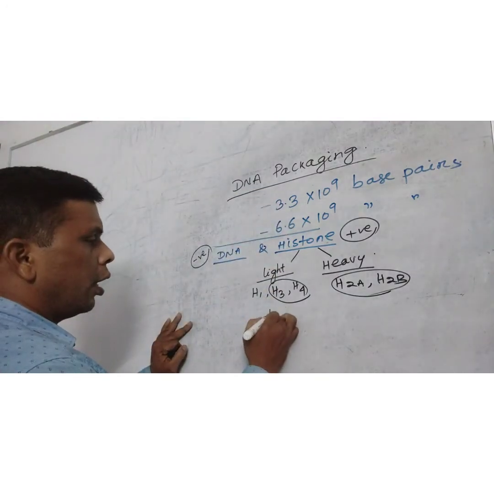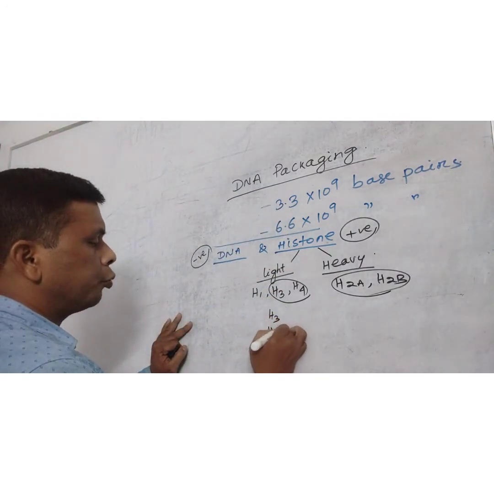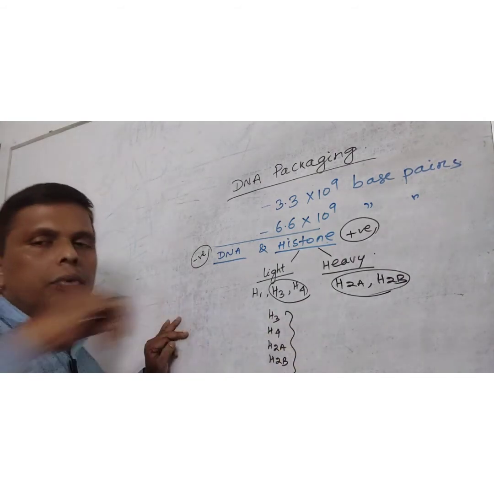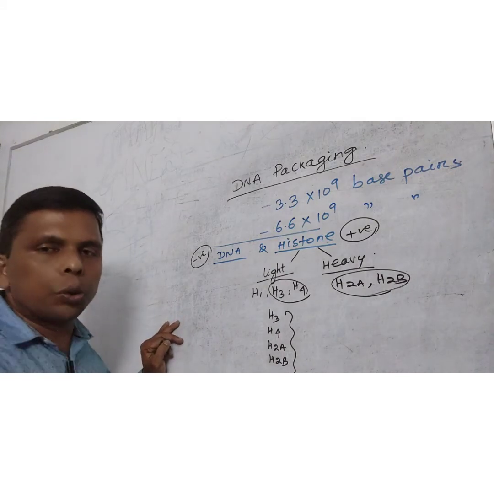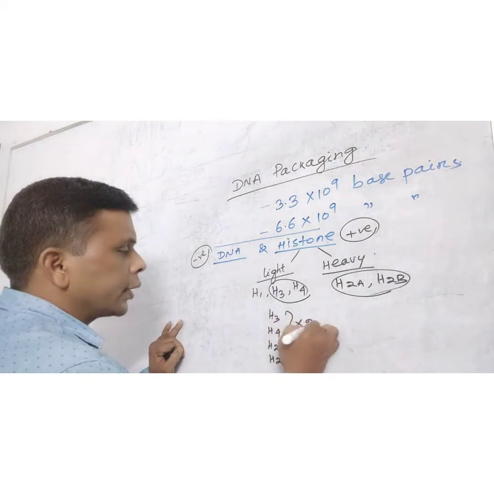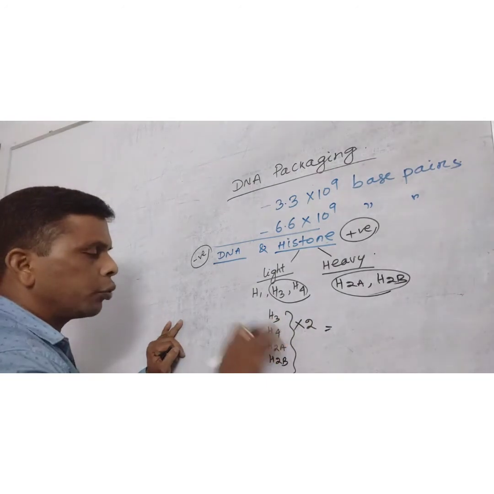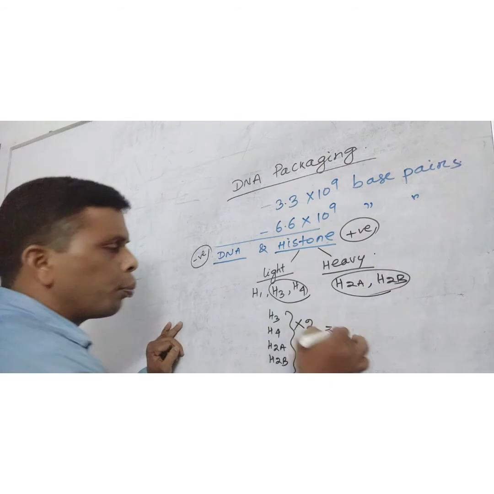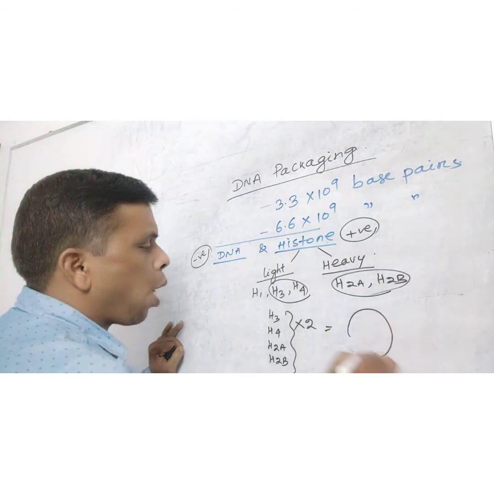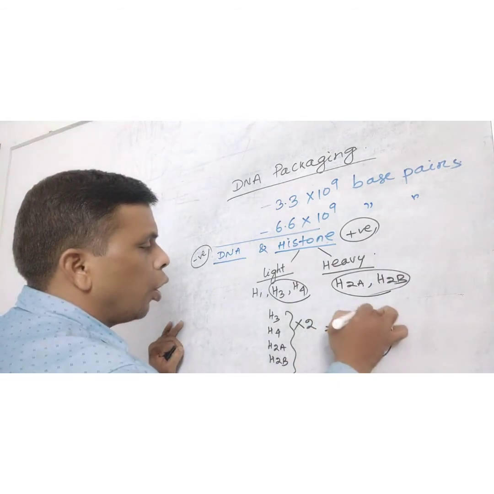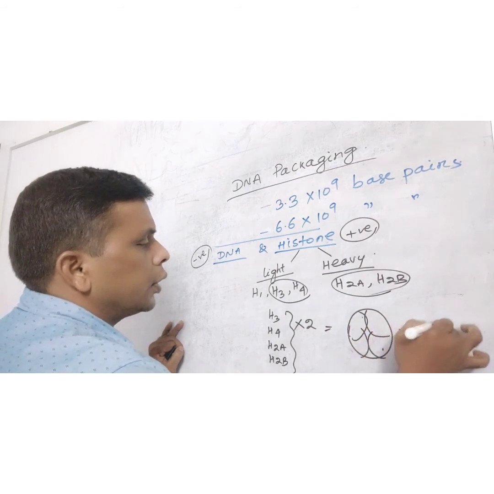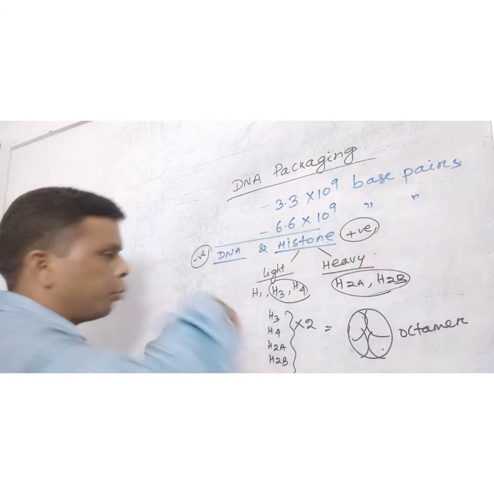From these histones, H3, H4, H2A, H2B, twice: 2 H3, 2 H4, 2 H2A, 2 H2B together produce the histone octamer.